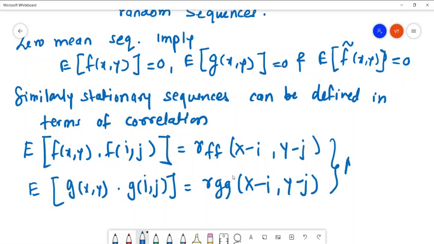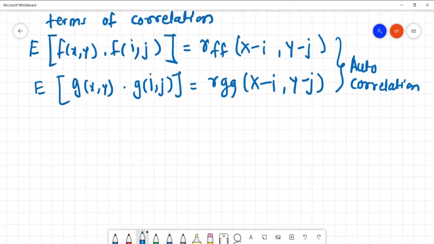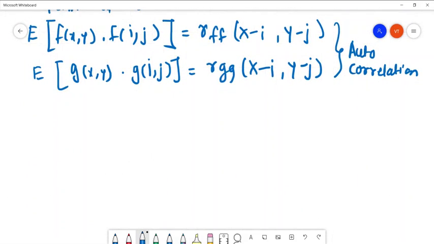This is autocorrelation, correlation between the same signals. Okay, so we'll give this as number 1.